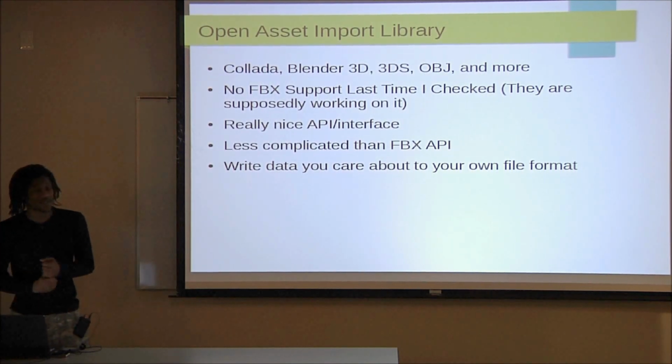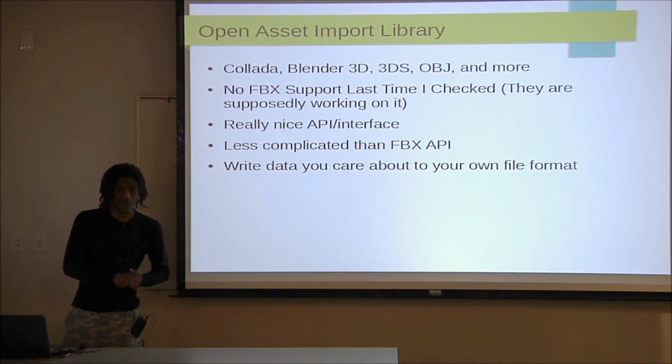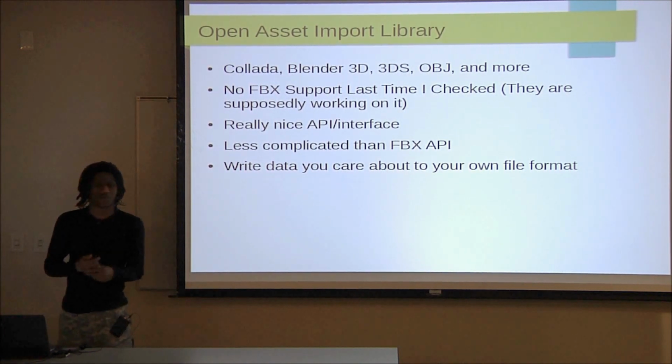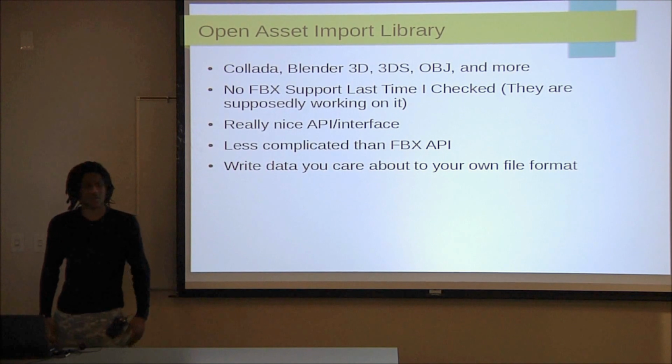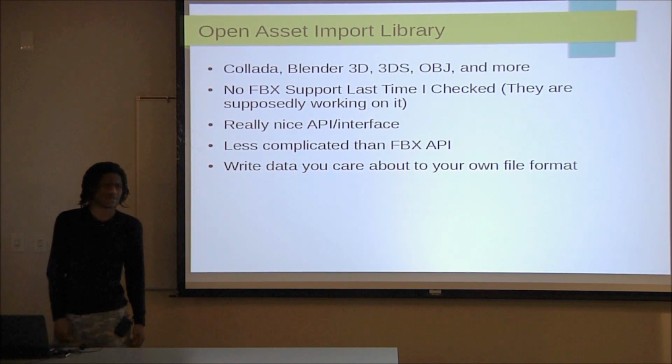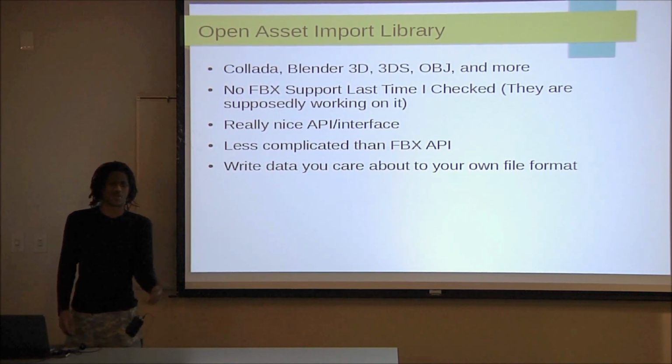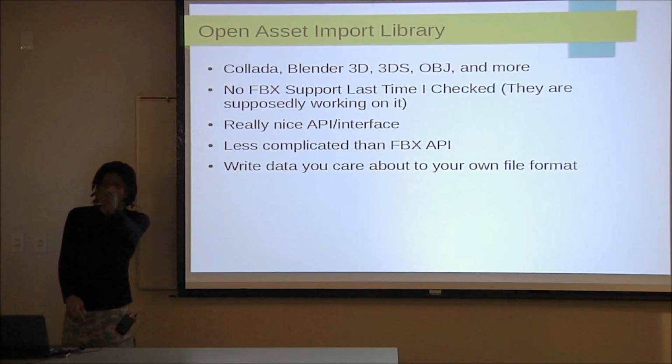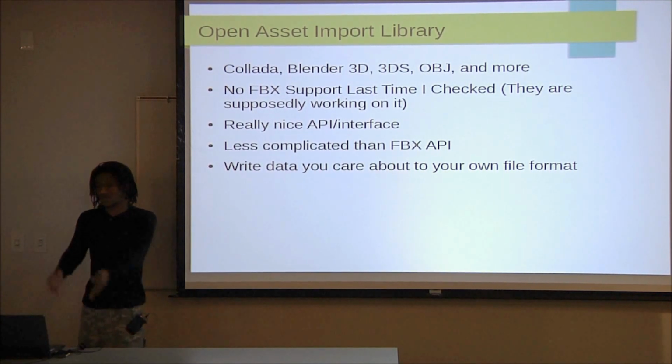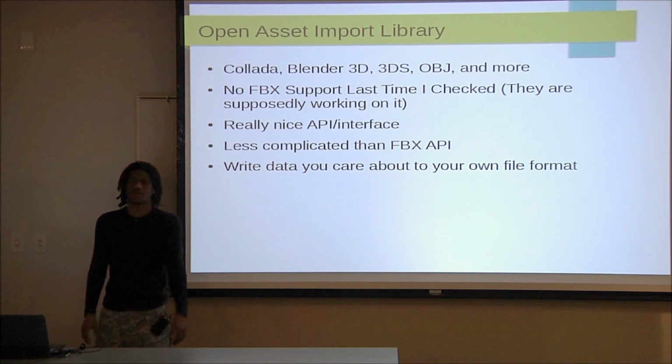Really nice API interface. You load the file, you get a scene pointer, and you access the scene. It has a method that returns a Boolean: has meshes. Check if it has meshes. You go to the mesh member.